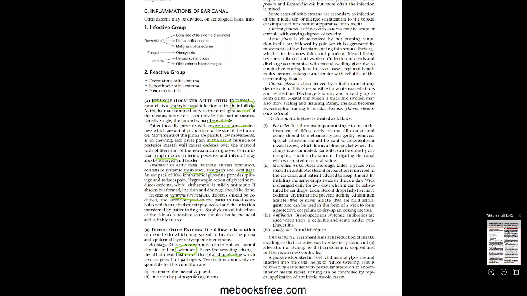The two important factors to consider are trauma to the meatal skin, and invasion by a pathogenic organism.